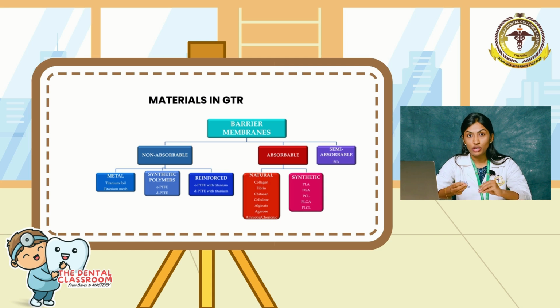We are now moving into the era of absorbable membranes. These absorbable membranes are of various types, natural and synthetic. The natural membranes are of types like collagen, fibrin, chitosan, cellulose, alginate and amniotic membrane. One main disadvantage of natural membranes is their limited availability and a faster degradation time.